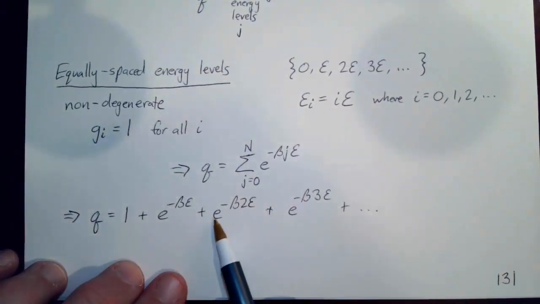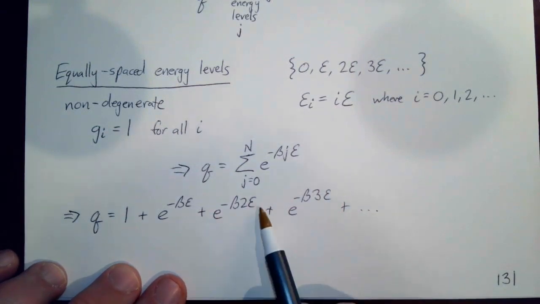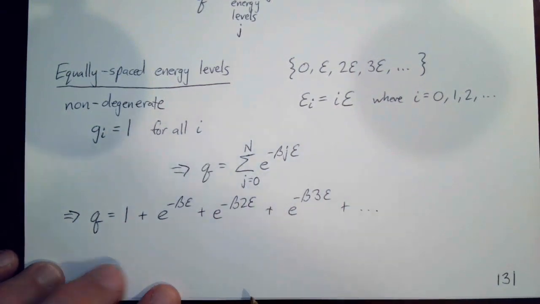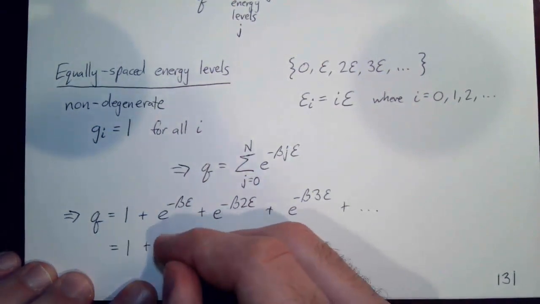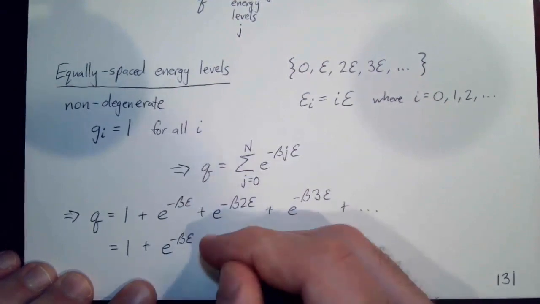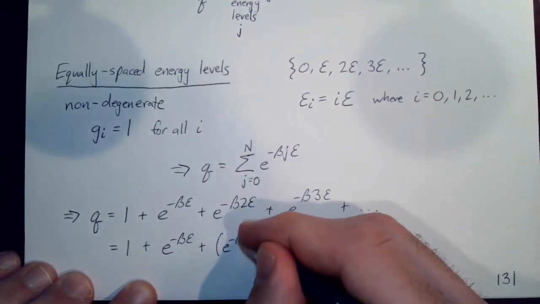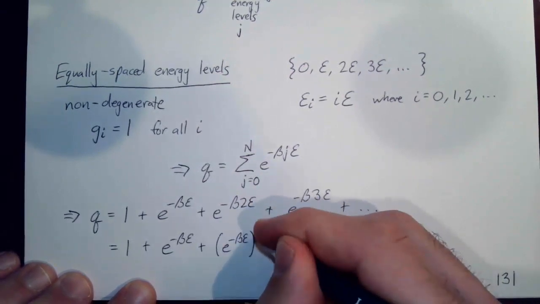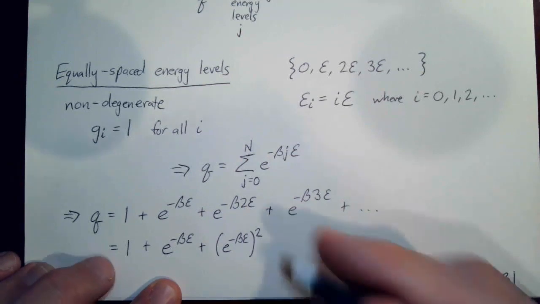Remember that when you take something that has an exponent and raise it to another exponent, that's like multiplying the exponents. So I'm going to do the opposite of that, just so that we can see the pattern here. I'm going to rewrite this as e to the minus beta epsilon, squared, because when we raise this exponent to an exponent, we end up multiplying the exponents, which will give us this.